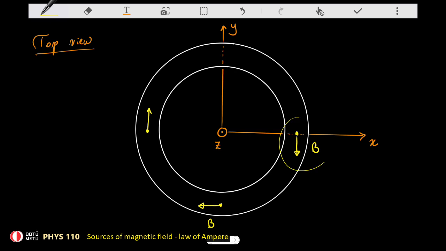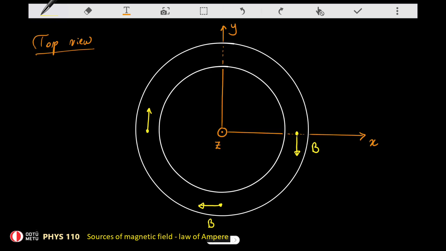Can this magnetic field in here have a component along the x direction? And the answer is no, because that would conflict with the Gauss law for magnetic fields, because there are no magnetic monopoles. So we can rule this out.